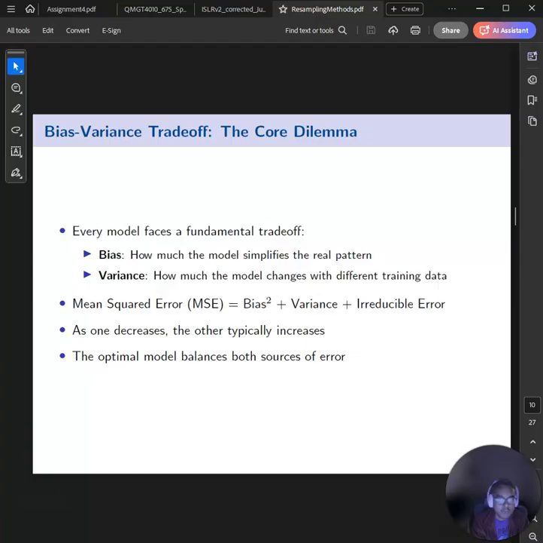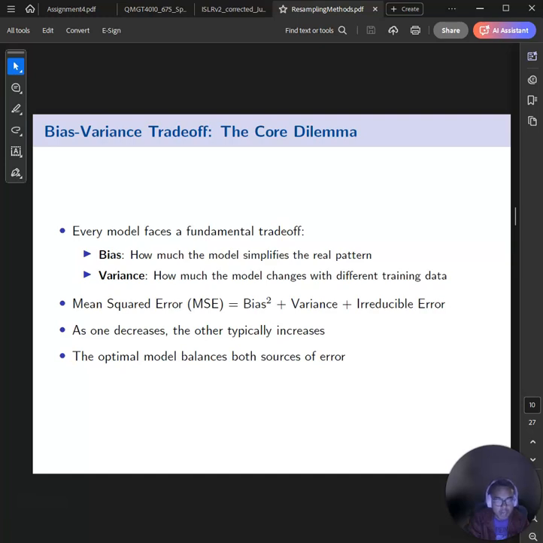A model with high bias makes strong assumptions about the data structure and might miss important patterns. Second, there is variance. This represents how much our model changes when trained on different data sets. A model with high variance is highly sensitive to the specific data points it sees during training.